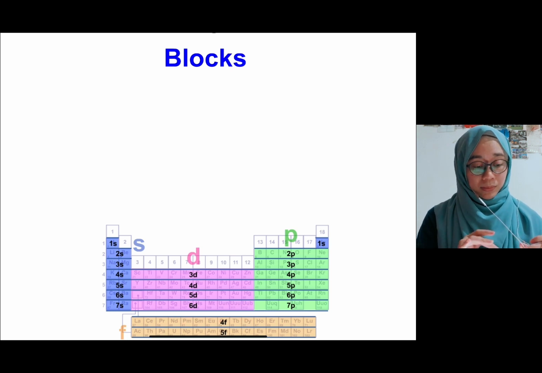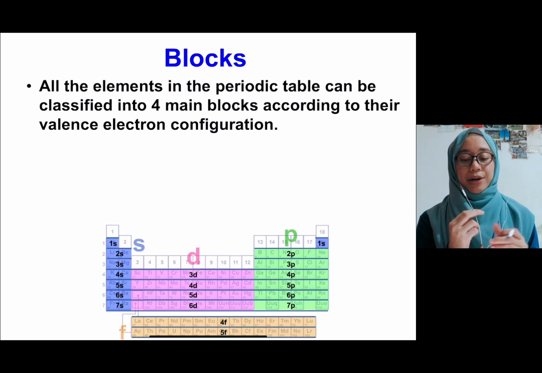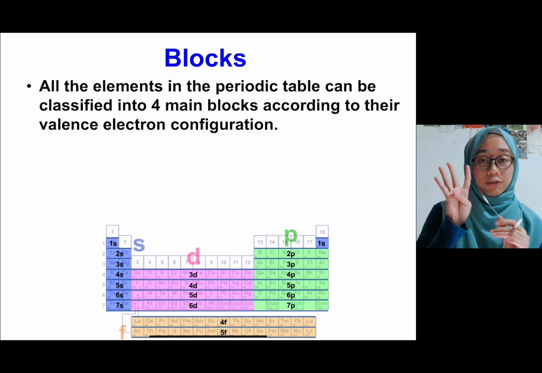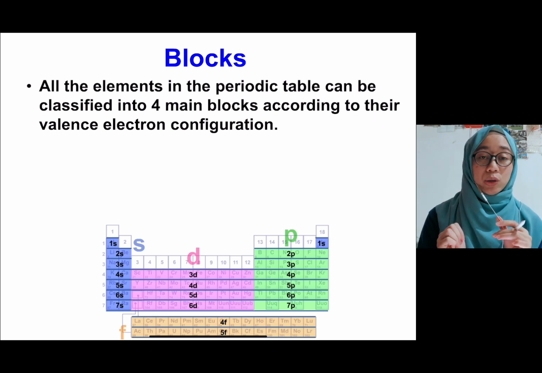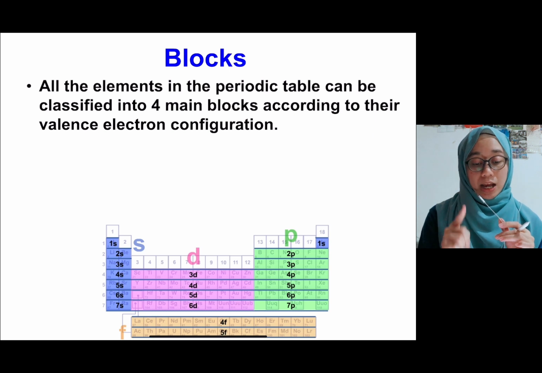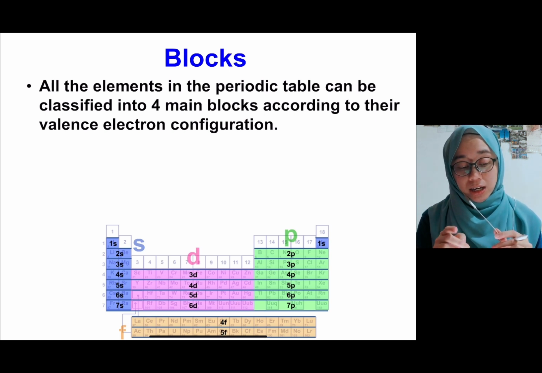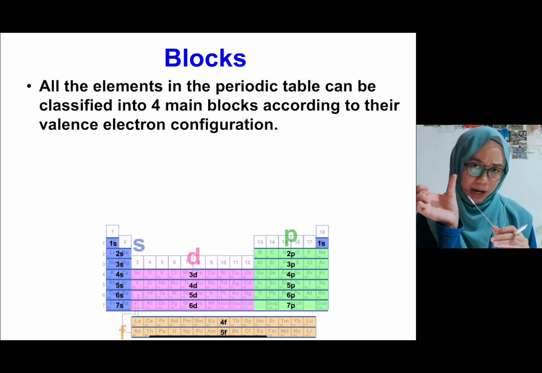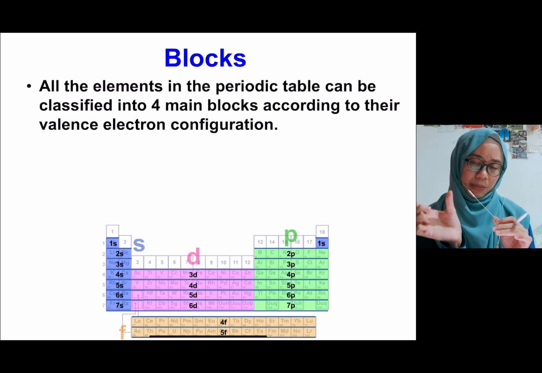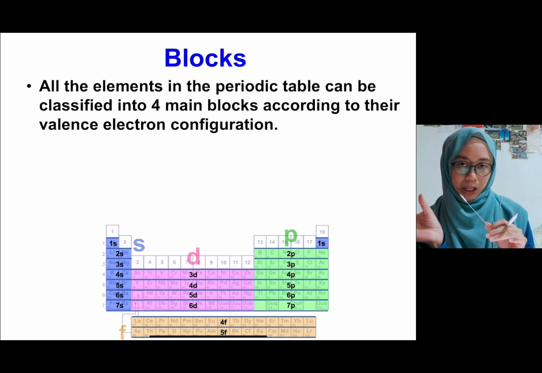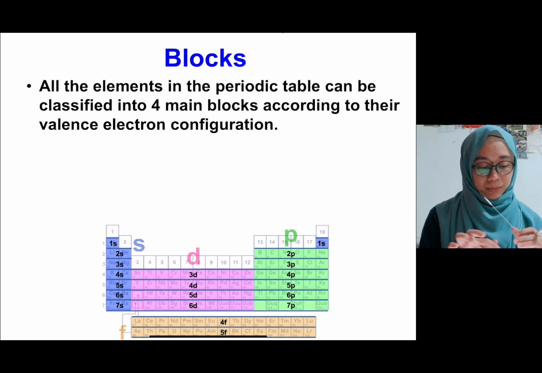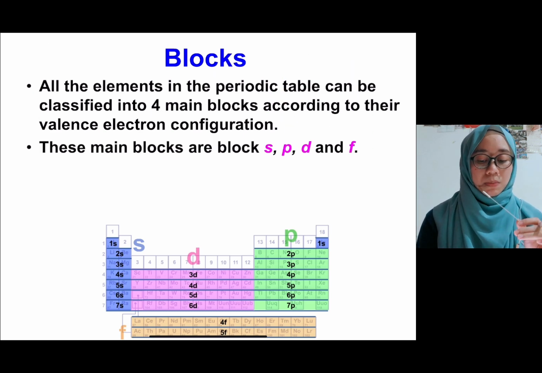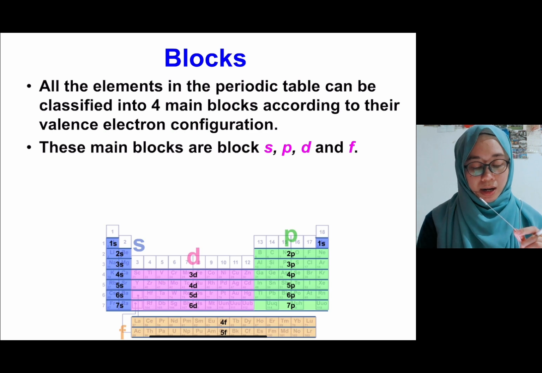Okay, so all the elements in periodic table can be classified into 4 main blocks according to their valence electron configuration. Okay, kita akan tengok valence electron configuration. Kita akan tengok yang paling hujung saja, dekat bahagian electronic configuration dia, tapi kita tengok hujung sekali. So these main blocks are block S, P, D and F.